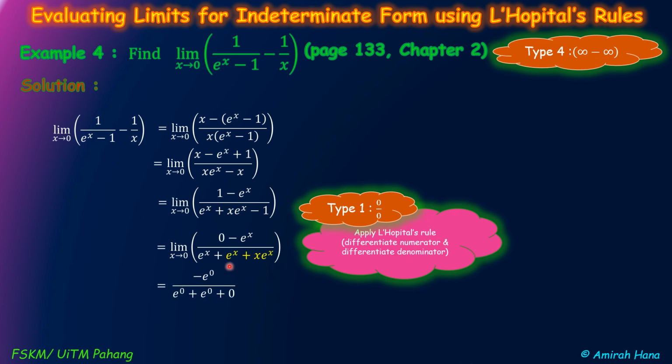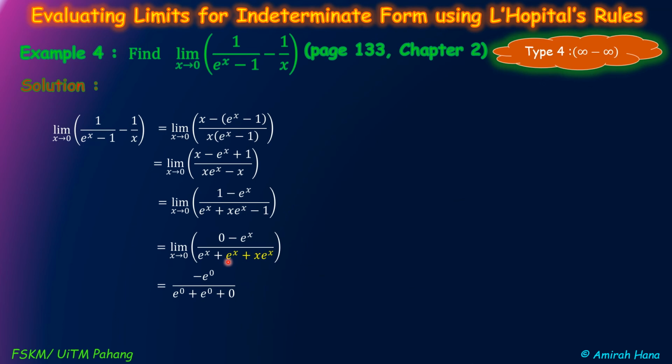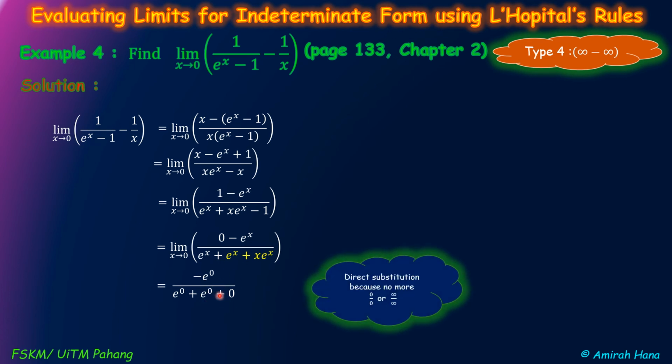After that, we try to use direct substitution. When we use direct substitution, it means no more limit expression here. The fraction is no longer in the form of 0 over 0 or infinity over infinity.